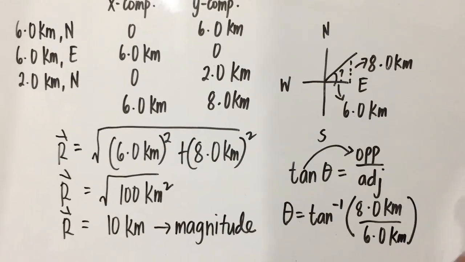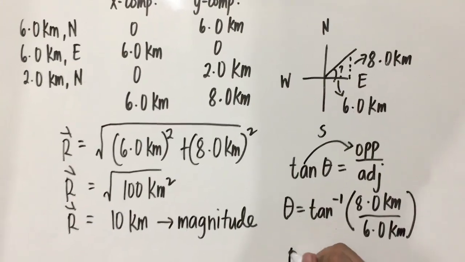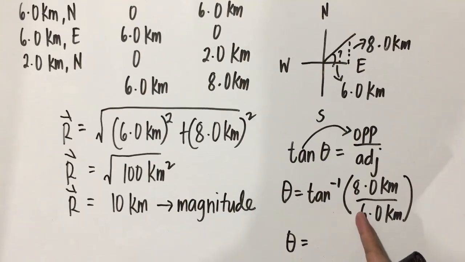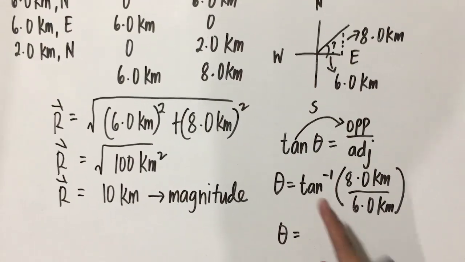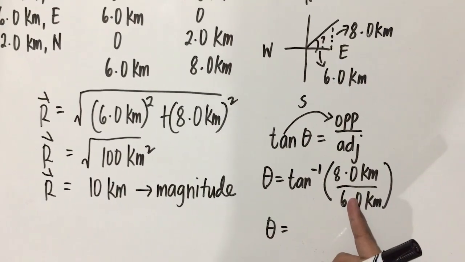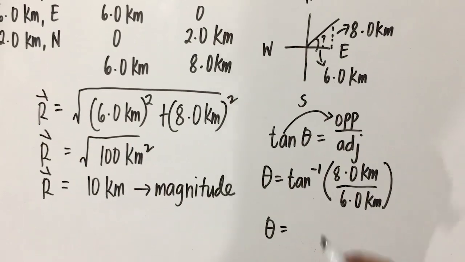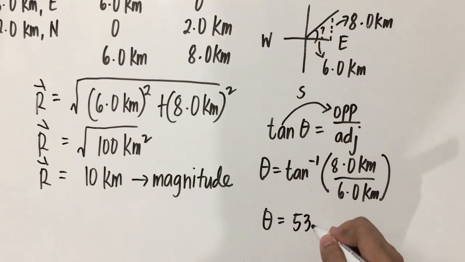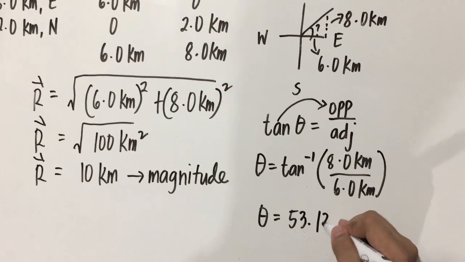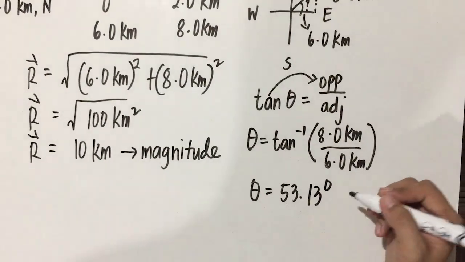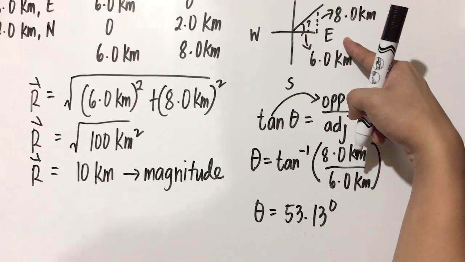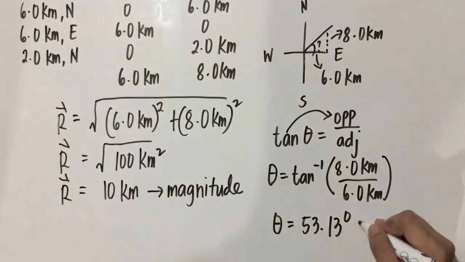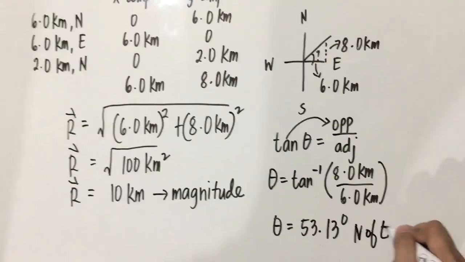So we do the operation to get the value: divide 8.0 by 6.0, then apply arc tan. So we have now 53.13 degrees. So the direction of that is north of east. Okay, north of east.